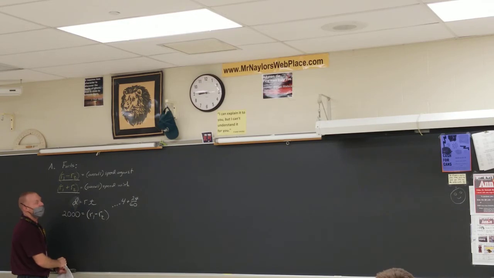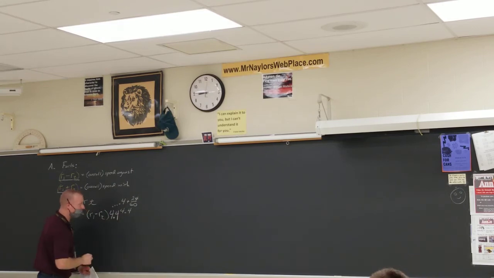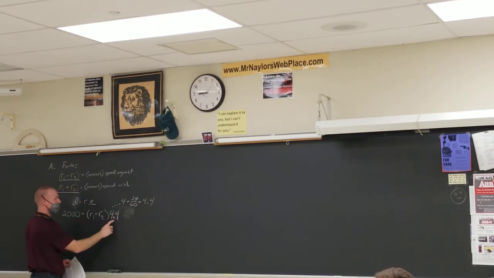You can take that fraction and think of it as just 4.4 hours. Again, 24/60ths of an hour is 0.4 of an hour. So 4.4 will be a good number to put in for our time.